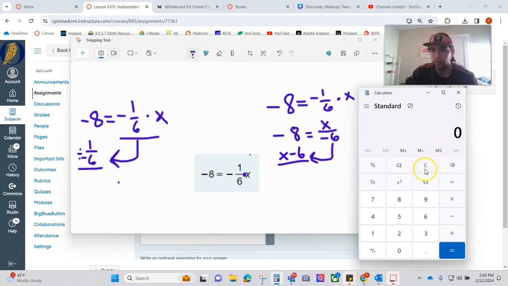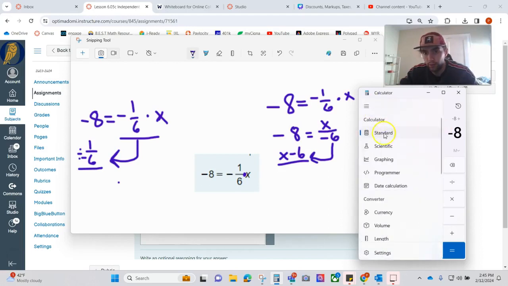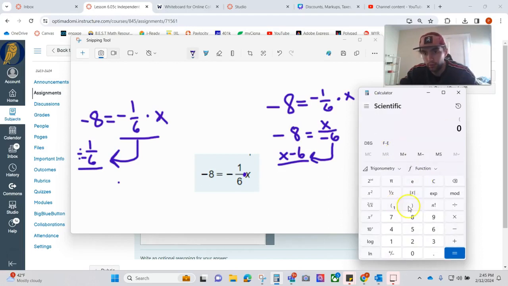I need parentheses. Let's try again with parentheses, just in case. Negative 8 divided by parentheses, 1 divided by 6, but it's a negative in parentheses.